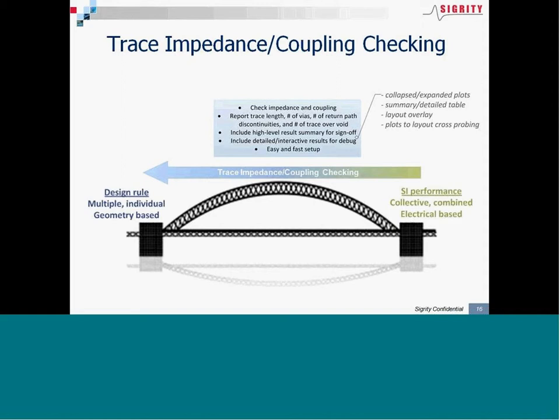In simulation, people usually define a range of coupling to consider to manage the complexity of their simulation, which means below a certain coupling level, those will be considered as not coupled. But in the checking, because we don't have to run simulation, we check everything. If it's low, we tell you it's low.